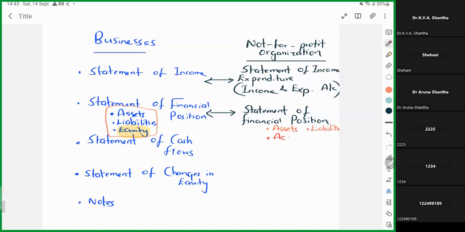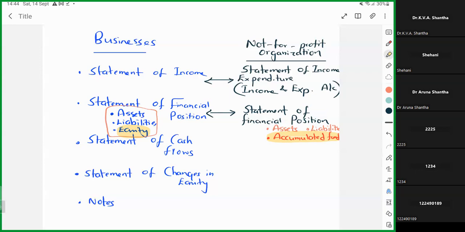We call it accumulated fund. So this is the only difference in the statement of financial position. Right. So we are going to work out one question, then you can understand those.